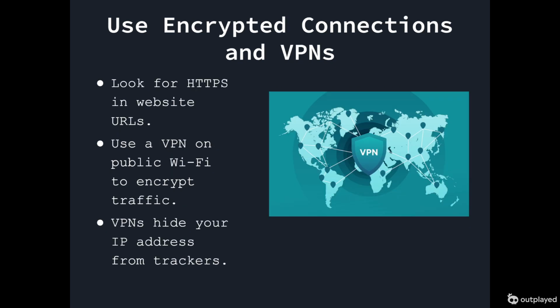A good way to keep your internet private when you're walking around or even at home is by using a VPN or some type of encrypted connection. VPNs are essentially like a firewall around whatever device you have it on. Say you have it on your phone and you go to McDonald's and use the McDonald's Wi-Fi.